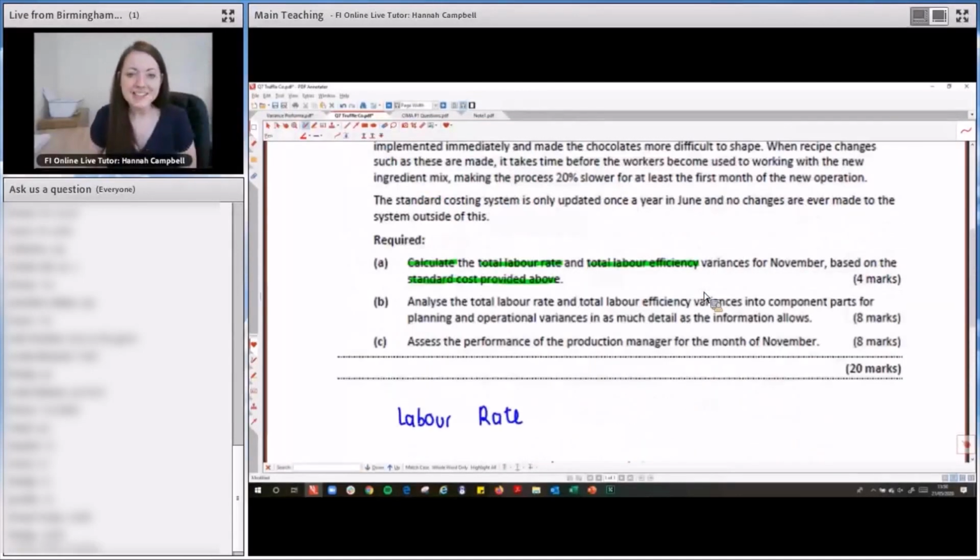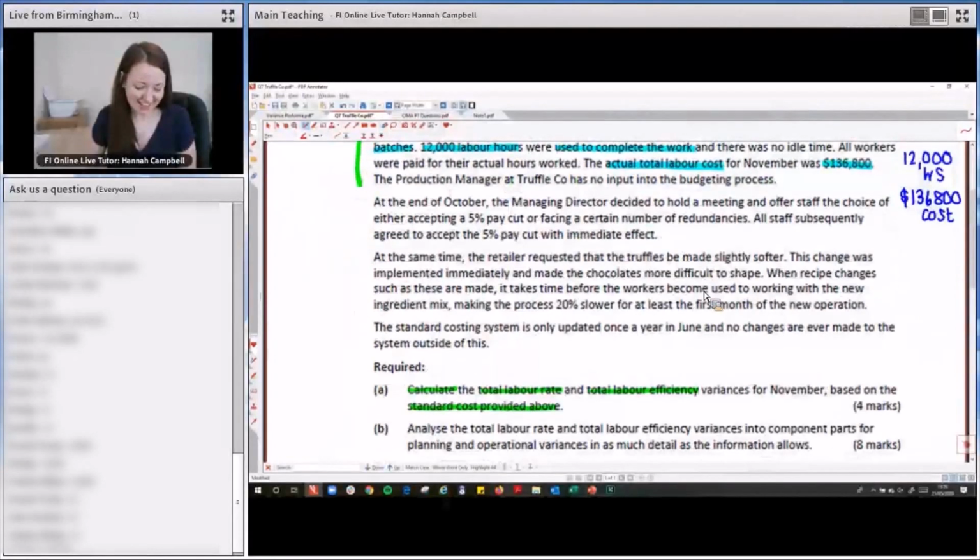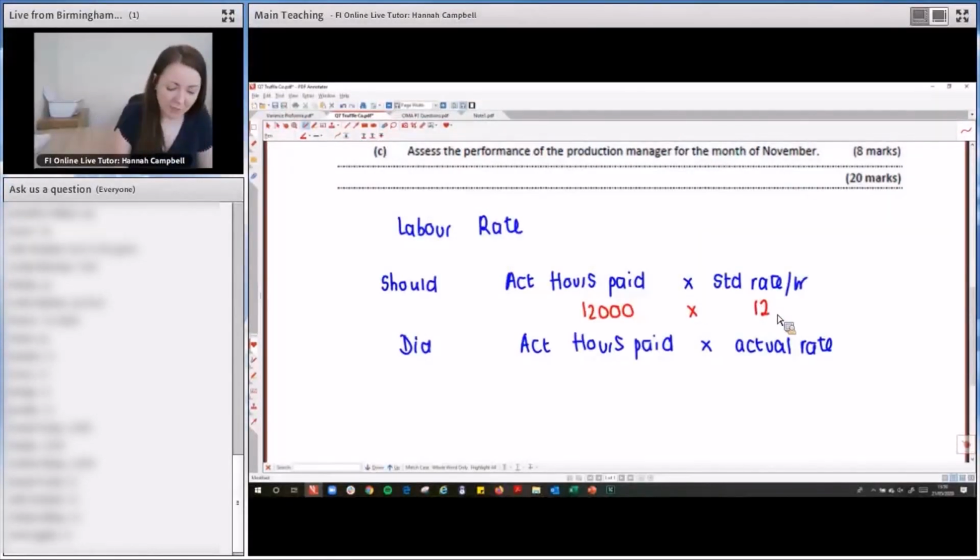And what was our standard rate per hour? The 12 again. Excellent. So we'll multiply that by 12. Okay, and that gives us 144,000.